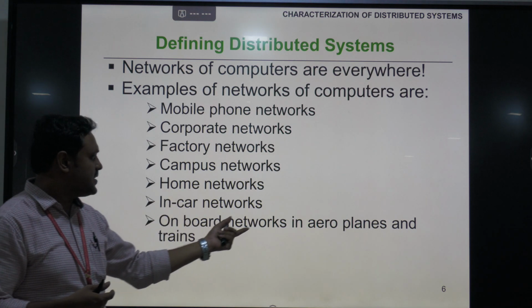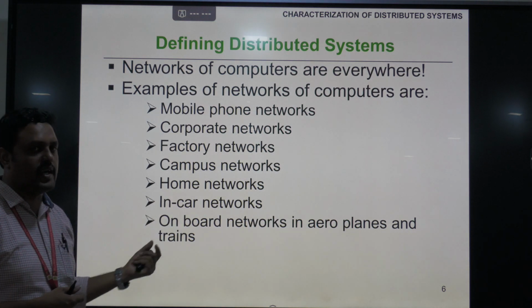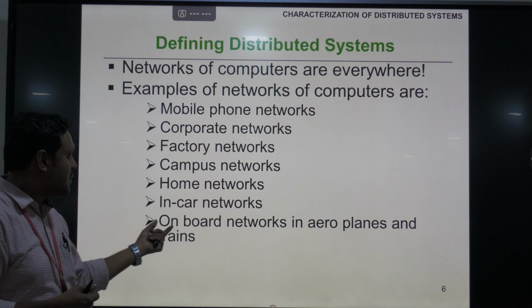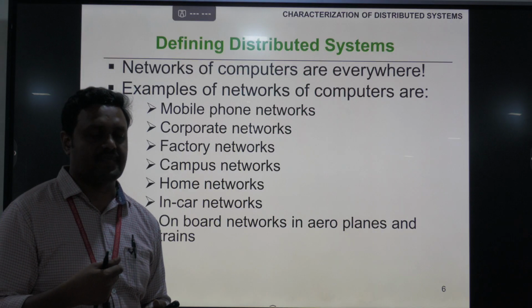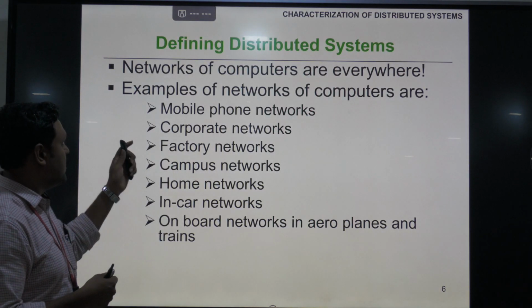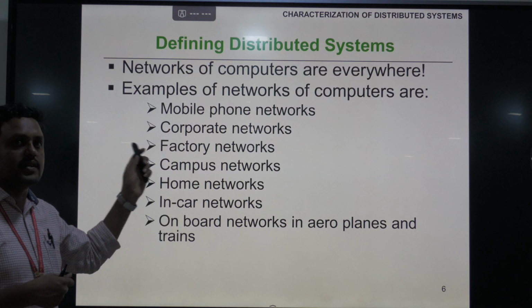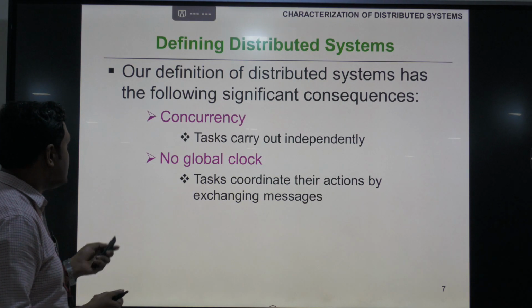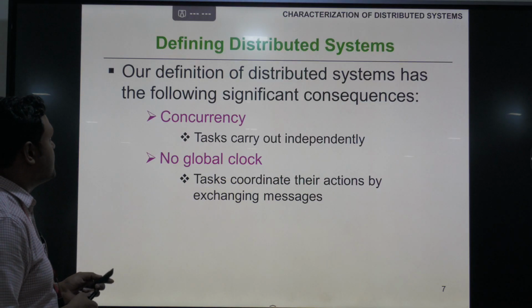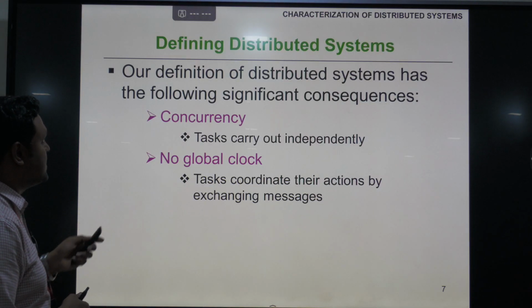And on-board networks in aeroplanes and trains, which connect n number of devices. These are all examples of networks, or network computers connected to the network.